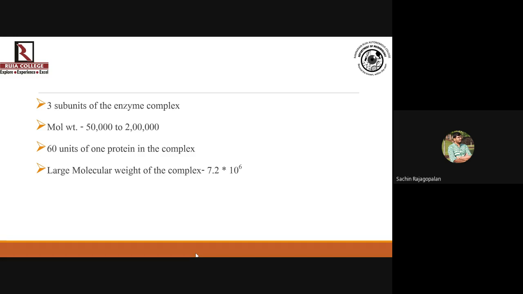There could be multiple copies of the enzyme, so that faster conversion of pyruvate to acetyl CoA could be brought about. So there could be multiple units of one enzyme in the complex.